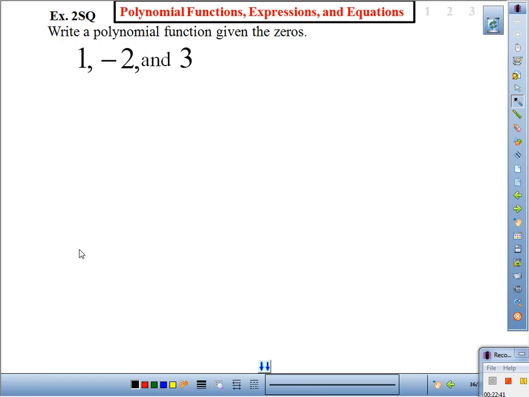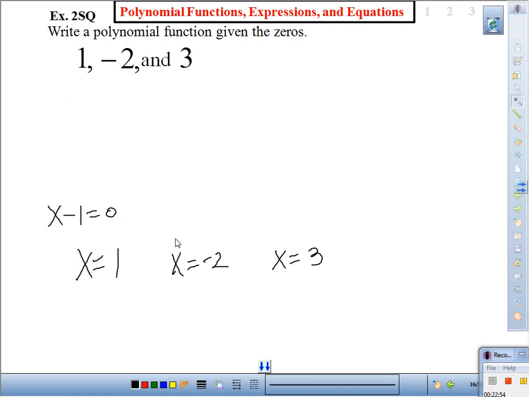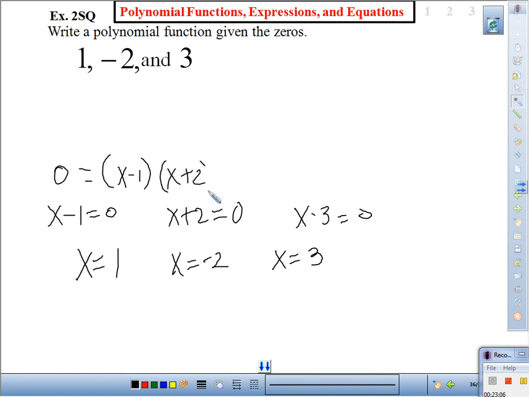But where do we start? x equals 1, x equals negative 2, and x equals 3. Help me out. What does this look like before? x minus 1 equal to 0, and then x plus 2 equal to 0, and then x minus 3 equal to 0. What does it look like before that? 0 equals what? x minus 1 times x plus 2 times x minus 3.